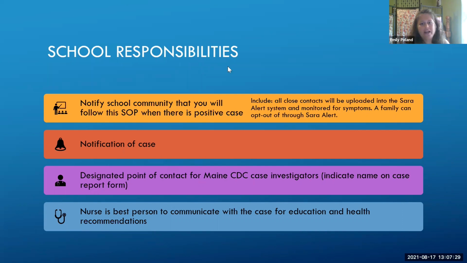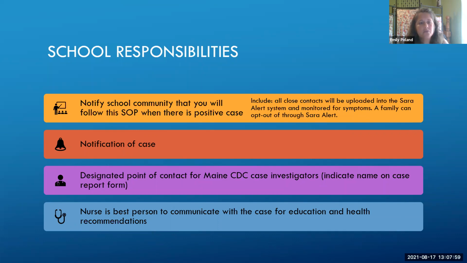Now, you'll notify Maine CDC of the positive case, and you can do that either through the case reporting form or through calling the 624-6717, that COVID hotline number. And that form goes directly to Maine CDC as well as DOE. Just remember that the case investigation team will need a point of contact from the school. That can be the school nurse.